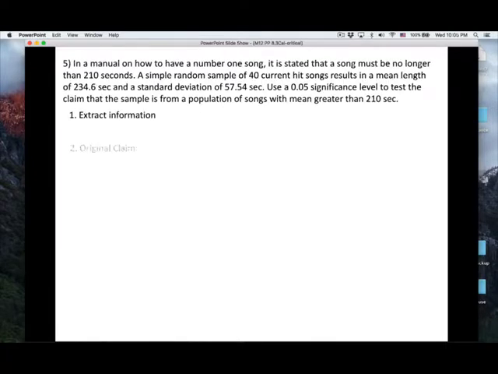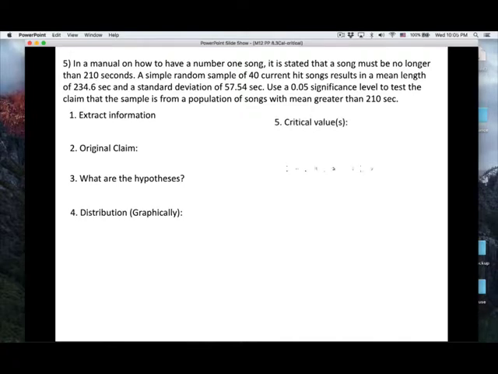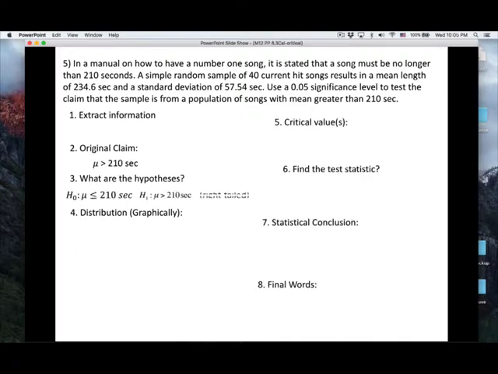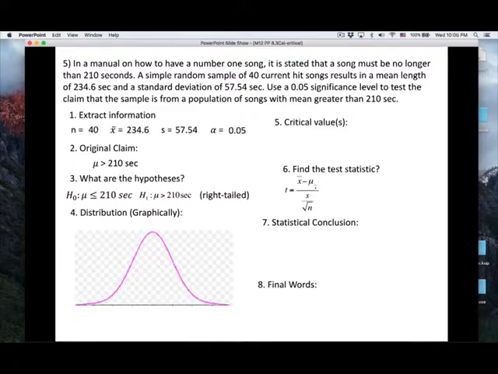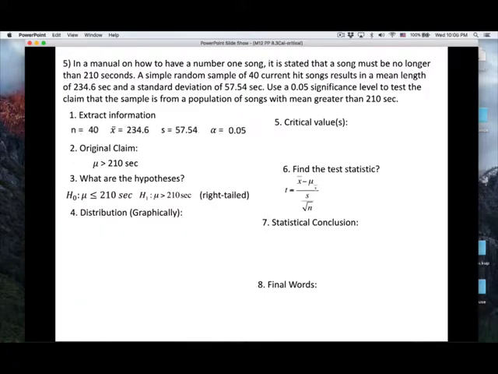Okay, let's try this example. We will be using the same example from the p-value method. On the notes, I should have given you all these things already. So look at it, you could see the critical value. I want you guys to use the critical value method.